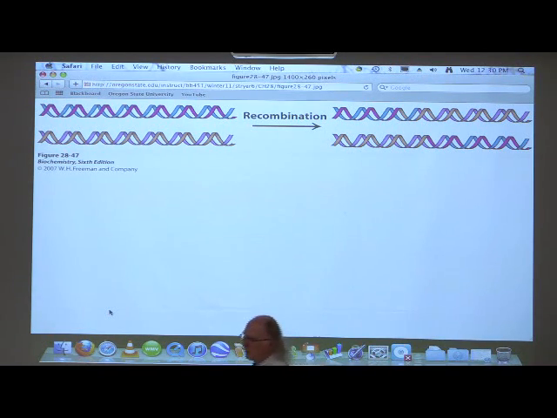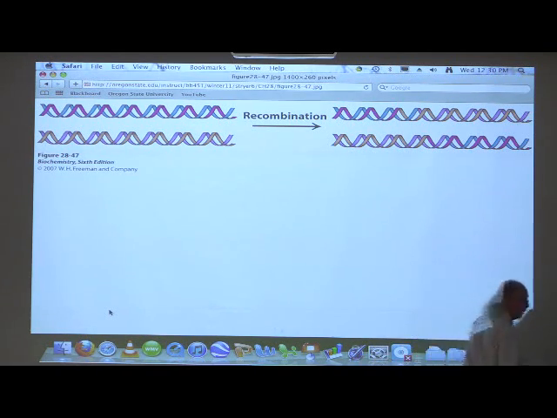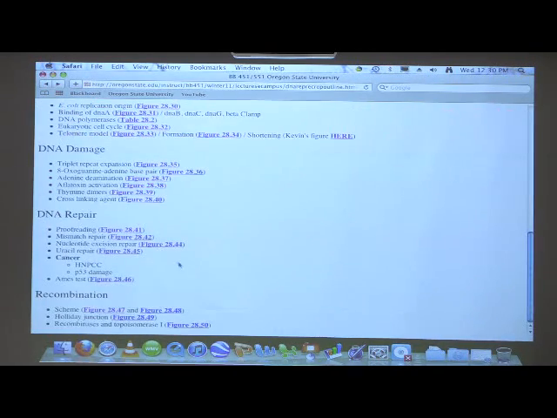That's important to keep in mind. Evolutionarily, that process has very high significance because that is one way in which we rapidly diversify genes going from generation to generation. Okay. Well, let's just take a quick look to see what happens in this recombination process.